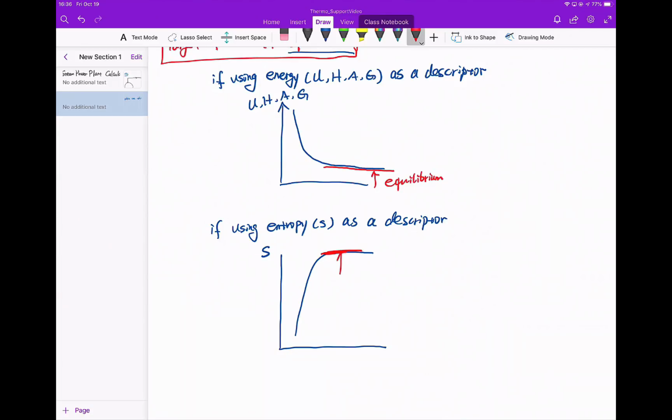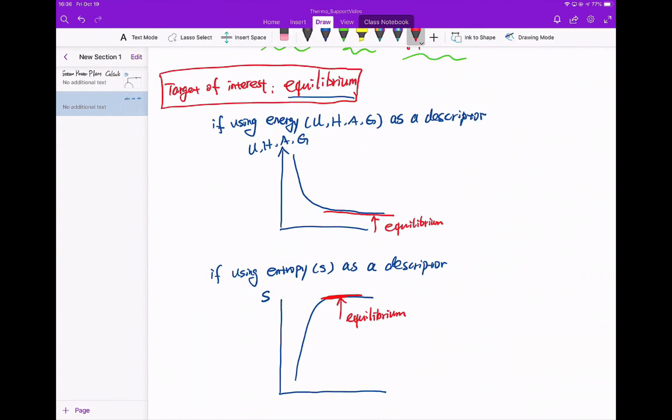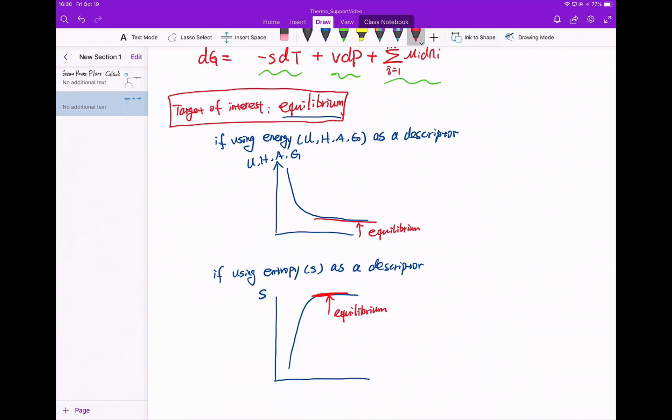This is again equilibrium. Okay, that is the other message we discussed in class.